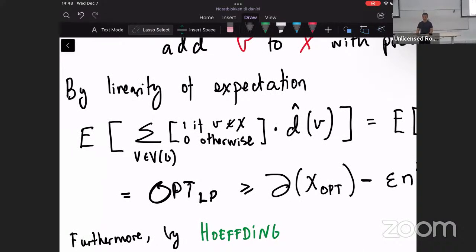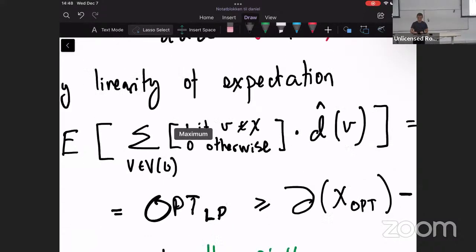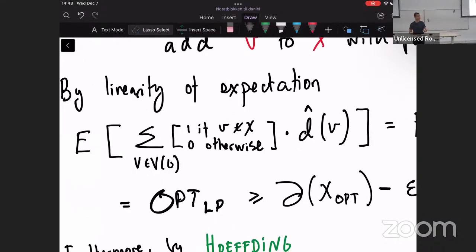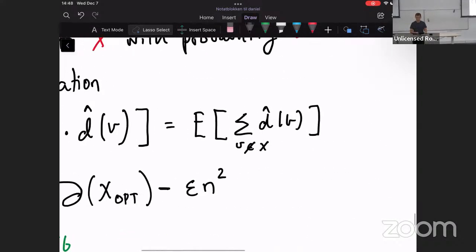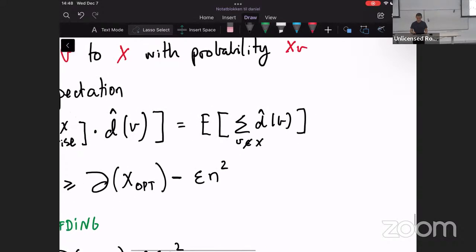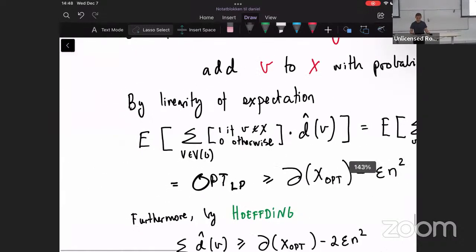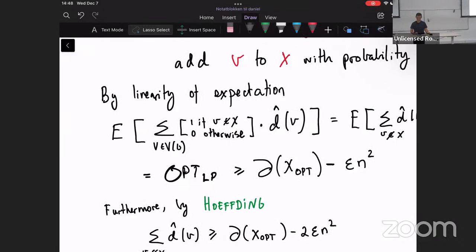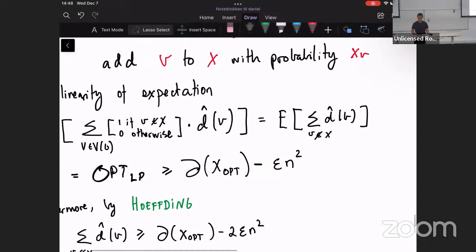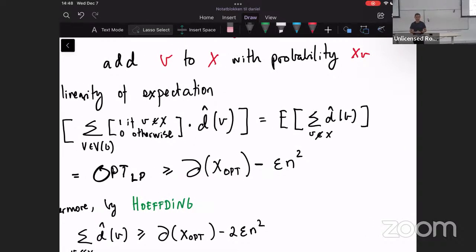It's going to be the sum over all vertices in G of 1 if the vertex is not in X times d hat of V. But that is just the sum over all vertices that are not in X of d hat of V. But that's just opt-LP, literally what we just did. And opt-LP is at least the delta of X opt minus epsilon n squared.